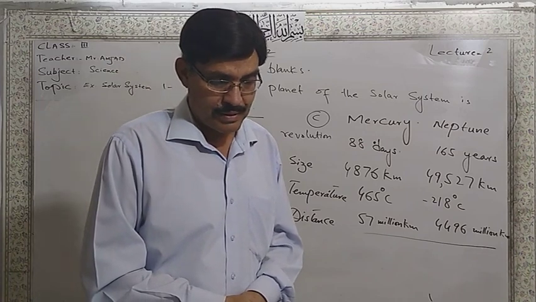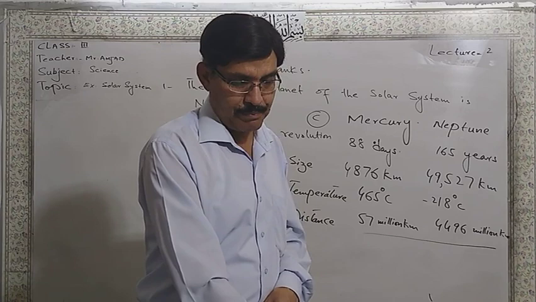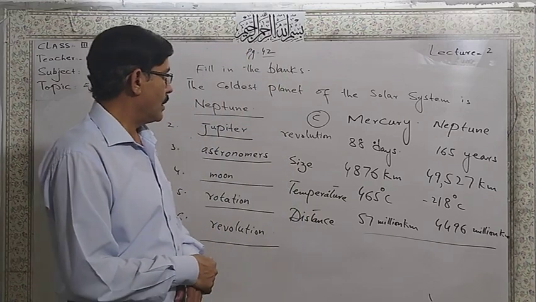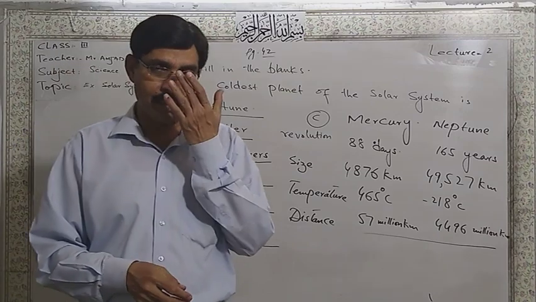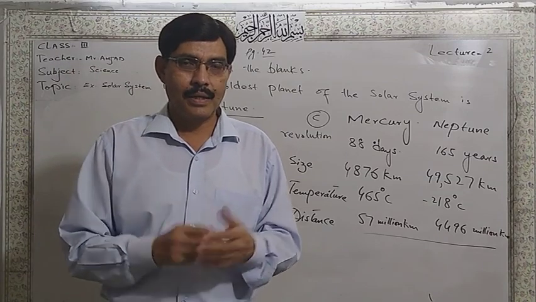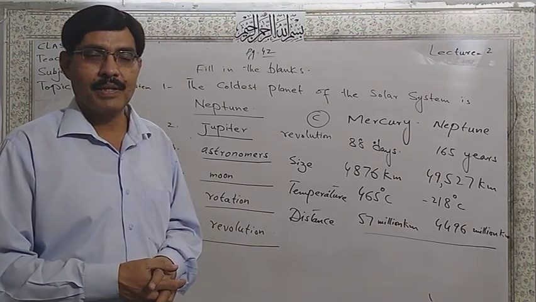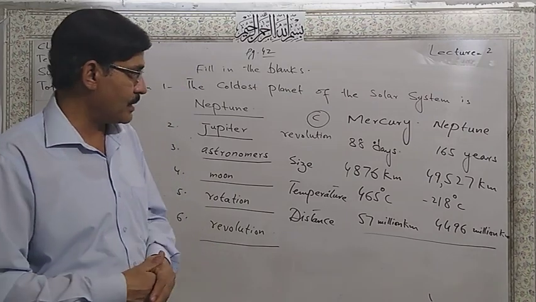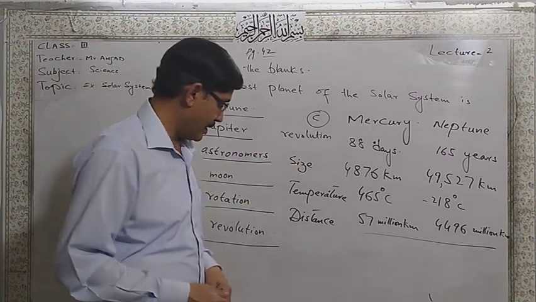This is exercise number 1, sections A, B, and C. Write these question answers in your science notebook. I do hope that you did your diagram on page 37. Write these question answers and learn them at home.